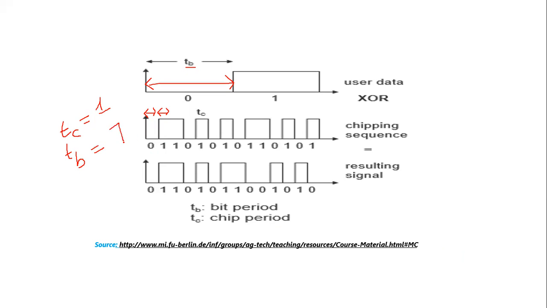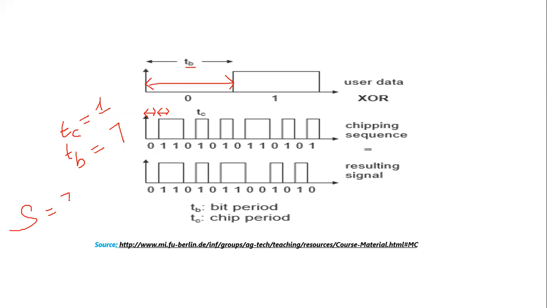Because 7 bits of chipping sequence are equal to 1 bit of user data, the spreading factor S can be calculated as TB by TC.